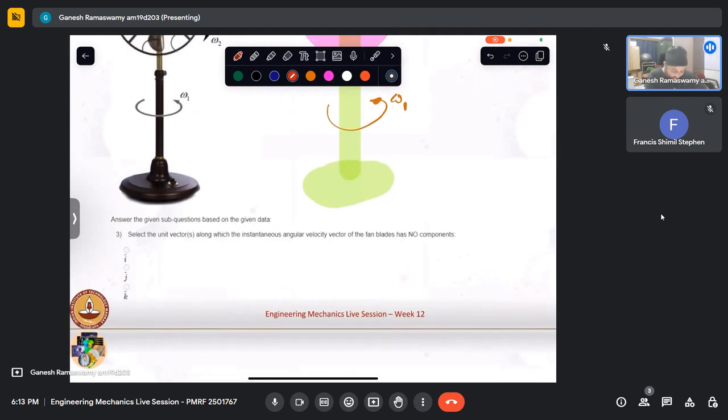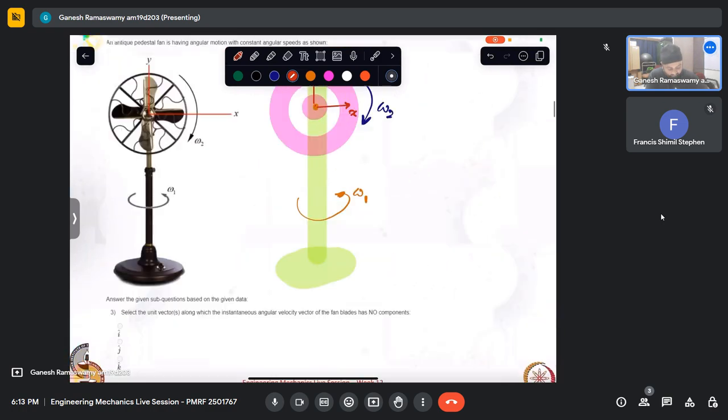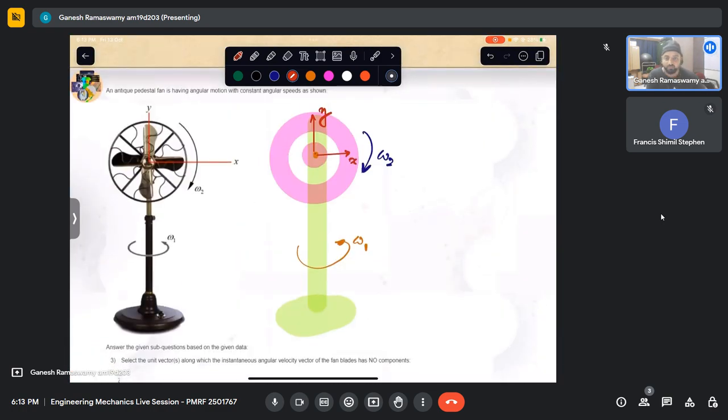Select the unit vectors x, y, i, j, k, whatever, along which the instantaneous angular velocity vector of the fan blades has no components. So if we write the instantaneous angular velocity vector of the fan blades, we can see where it will have no components.